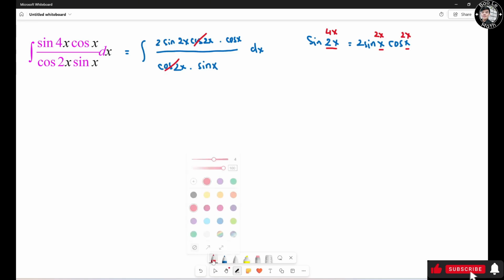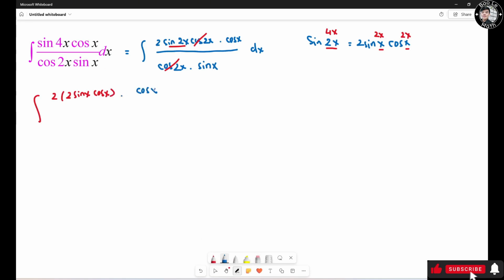Now sine 2s right here, I can apply this formula one more time. So it's going to be the antiderivative of 2 times 2 sine s cosine s, times cosine s over sine s ds. Now this and this cancel out.